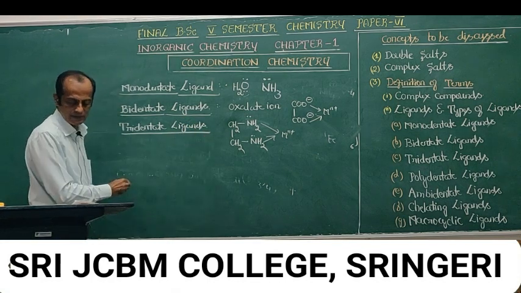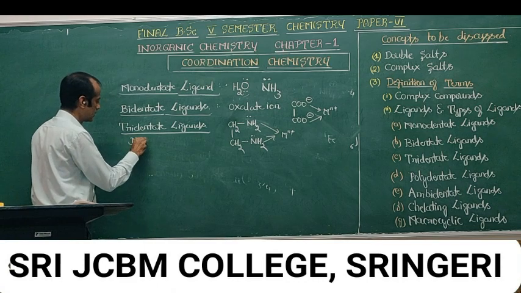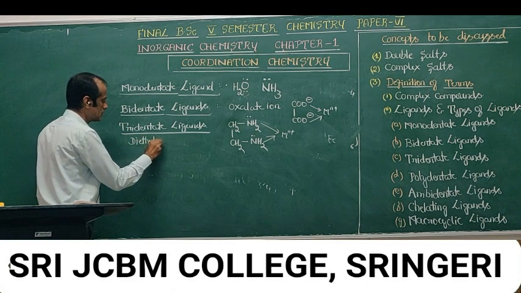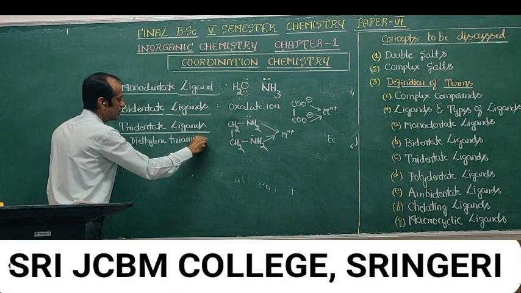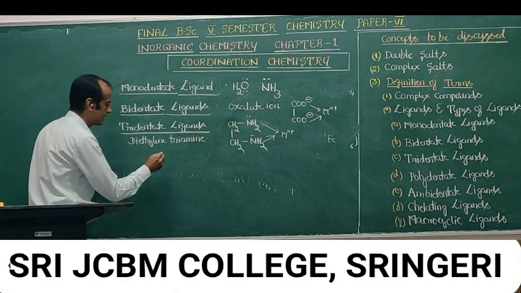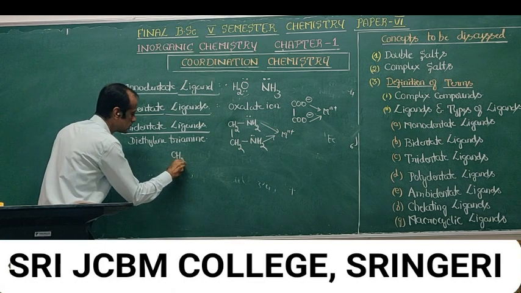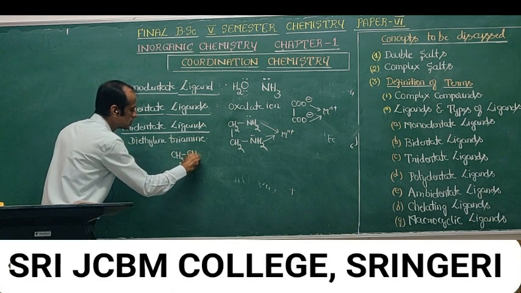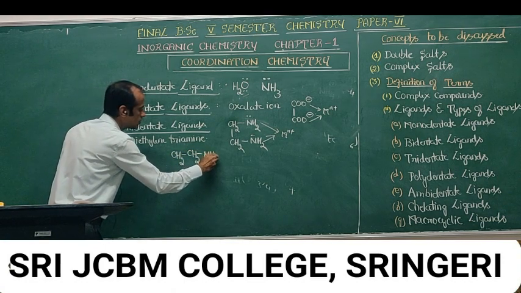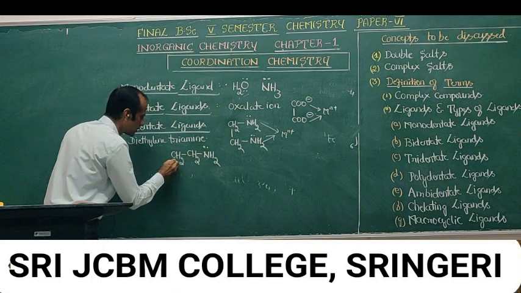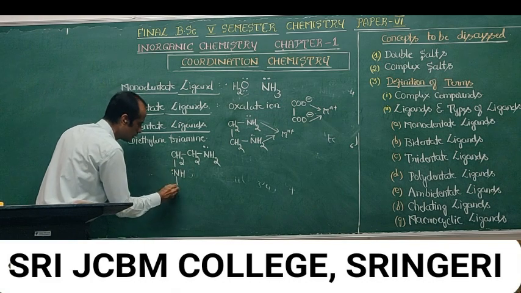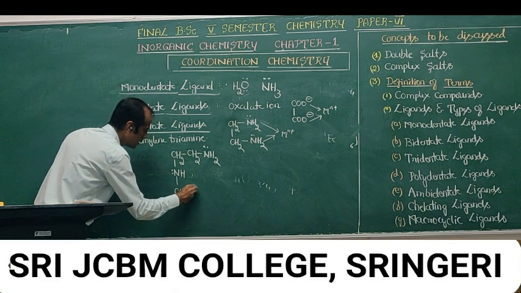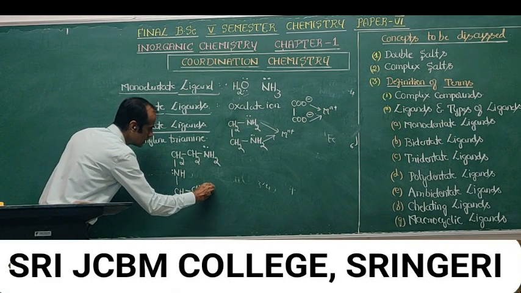So here the example is diethylene triamine. In diethylene triamine, it is like this: CH2, NH2, NH, CH2, NH2.